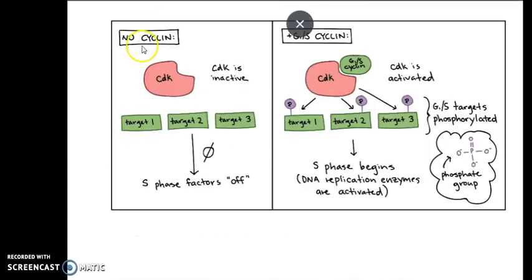In this image, you can see that in the absence of cyclin, the CDK is inactive and it cannot modify the target protein, so the S phase factors remain off.